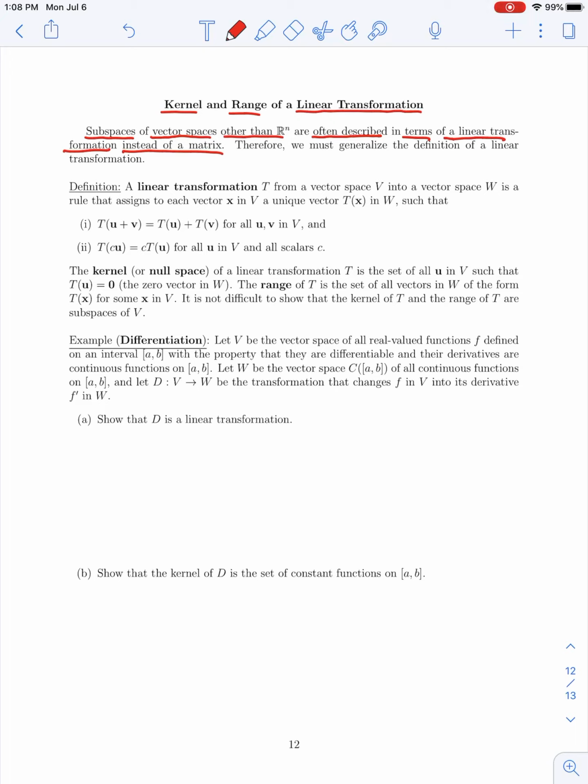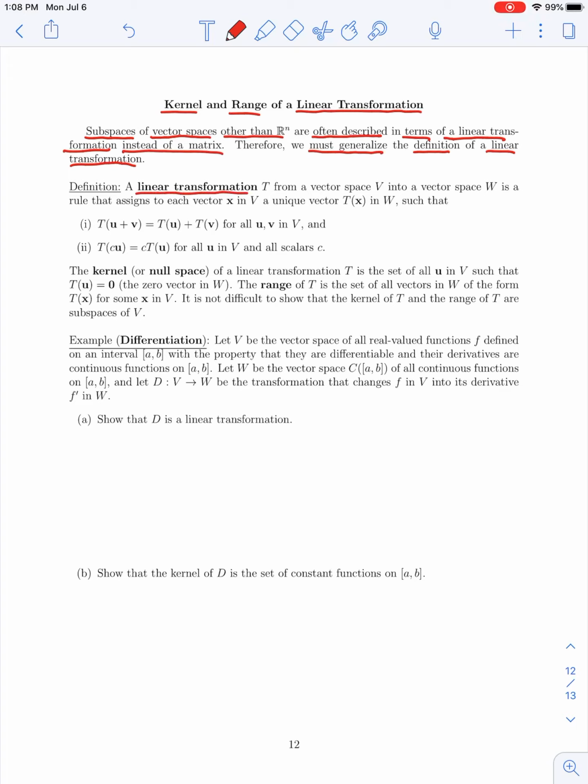In this last part of our section, we are going to generalize the definition of a linear transformation, which we had seen in chapter 1 and 2. So a more general definition is the following.